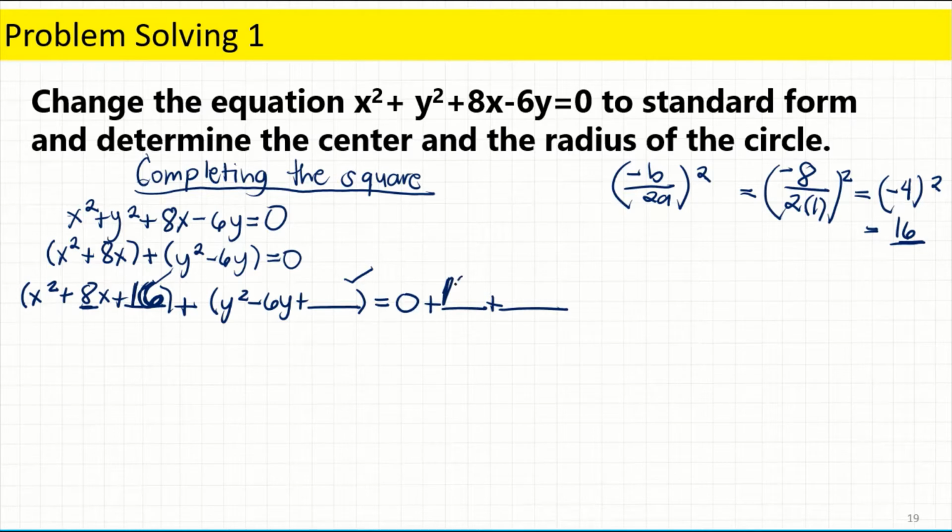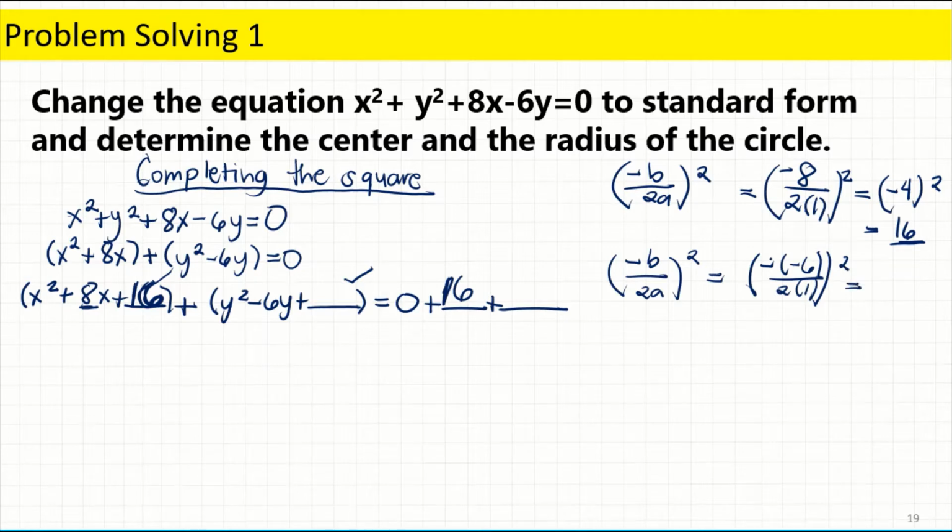So, we have 16. For the last term, the variable y, we again use negative b over 2a, squared. The value of b for y is negative 6, so we negate negative 6, all over 2 times 1, and then squared.